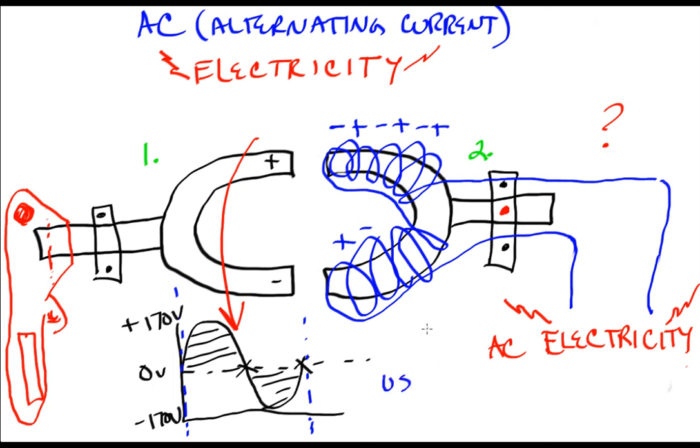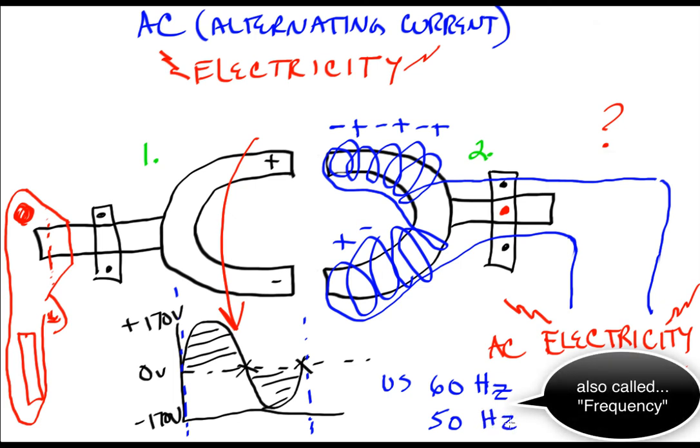In other words, the magnets are stationary, but the iron core that is spinning in many of these alternators that create electricity in the US, they're spinning at 60 revolutions per second, also called 60 hertz, Hz. In Europe, they're spinning a little slower at 50 hertz or 50 cycles per second.